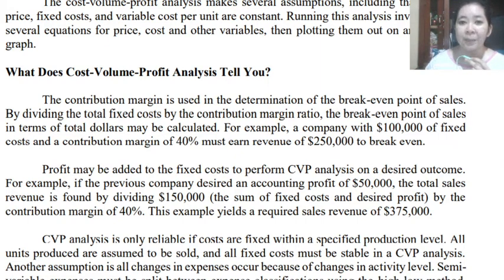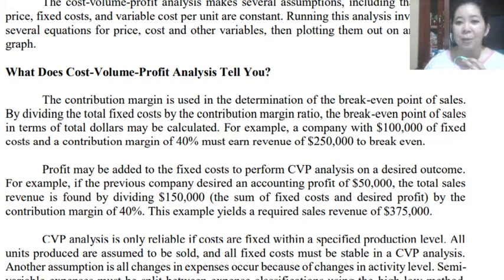So here, in this example, the company will yield a required sales revenue of 375,000, meaning they have to meet this level of sales revenue to be able to have a desired profit of 50,000.